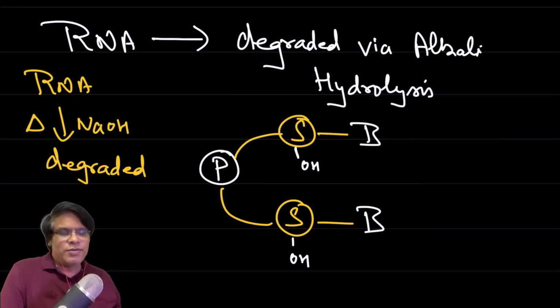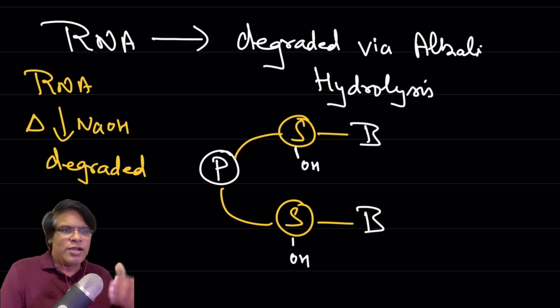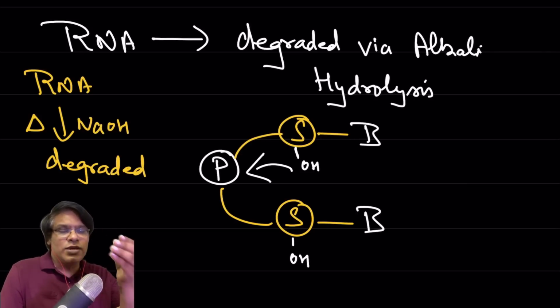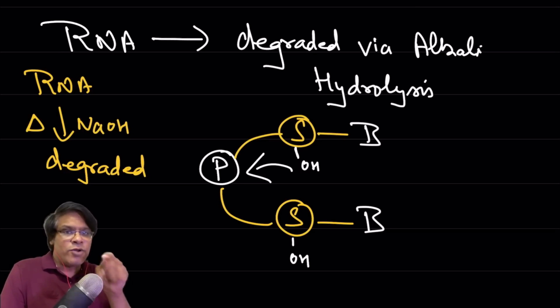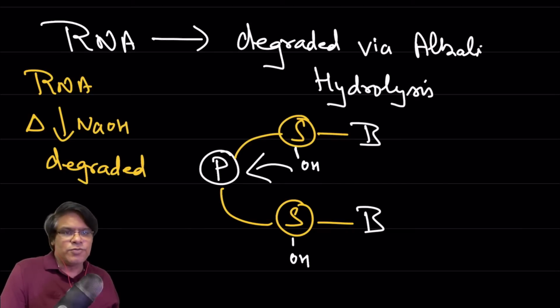So keep in mind, RNA will be degraded under alkaline condition. When you heat RNA in the presence of alkali, it will be degraded, while nothing is going to happen to the DNA. DNA will remain stable. The answer is simple, because in the case of RNA at the 2' position, you have a hydroxyl group, and this will break the phosphodiester linkage between the ribonucleotides. So hopefully this is clear to you.